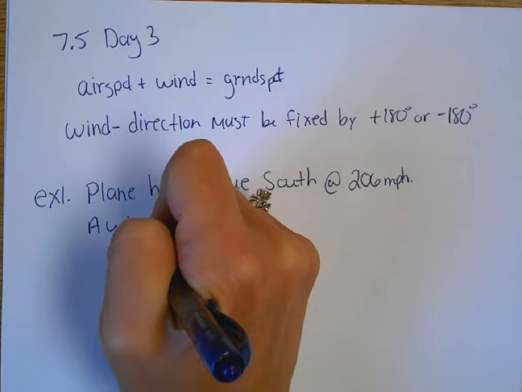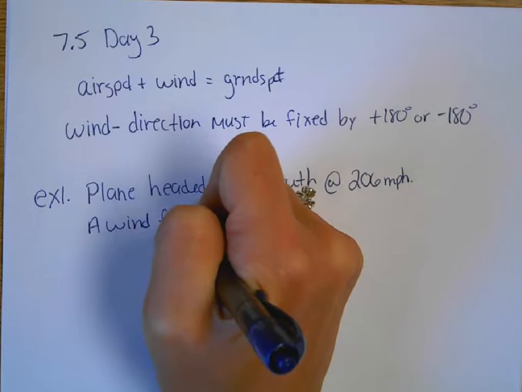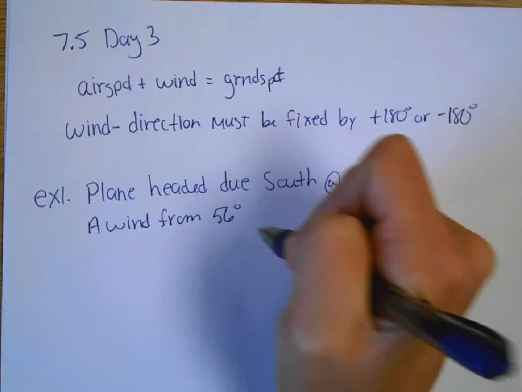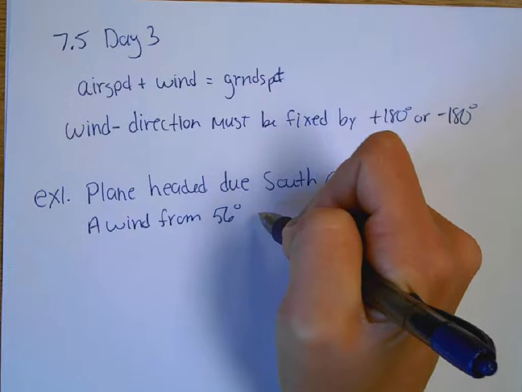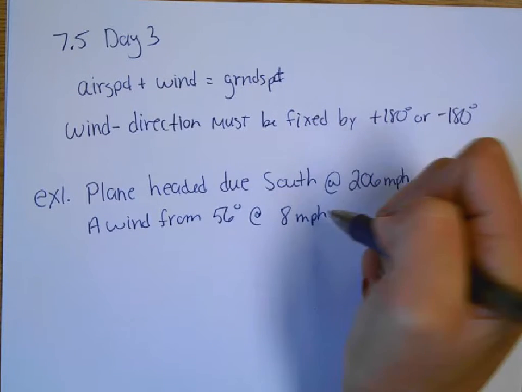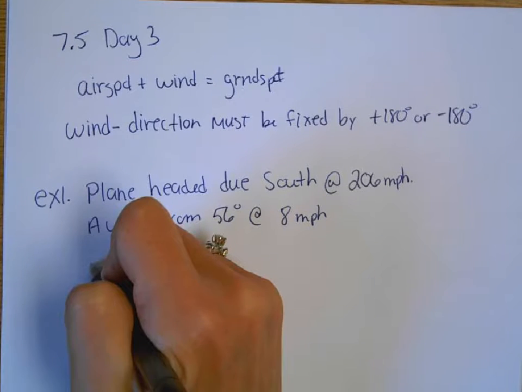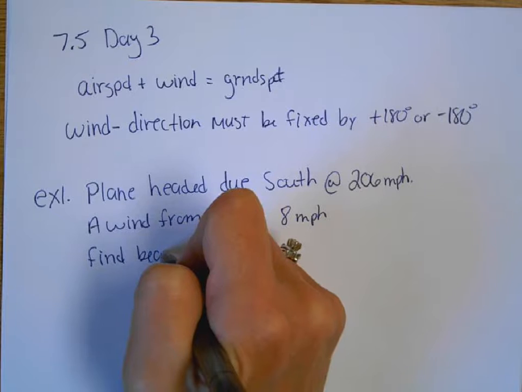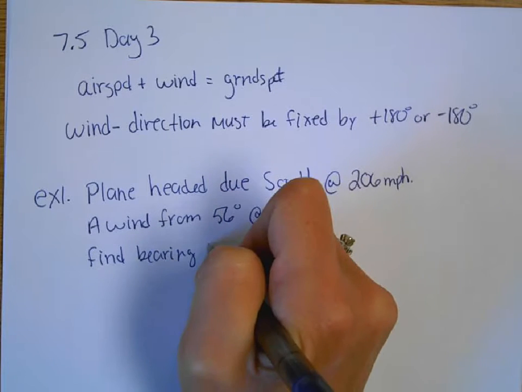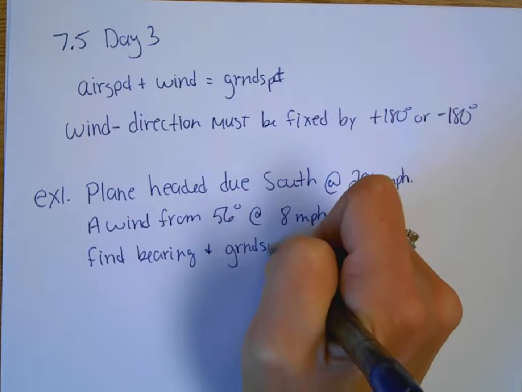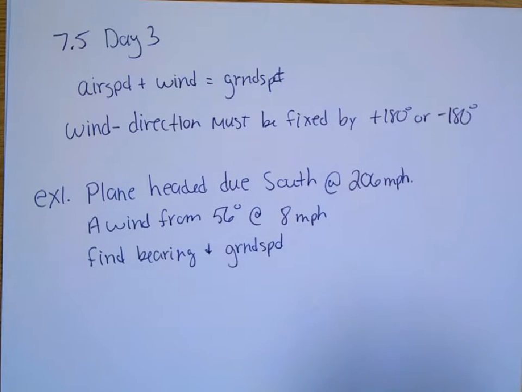A wind from 56 degrees at 8 miles per hour. Can you find the bearing and ground speed of the plane?